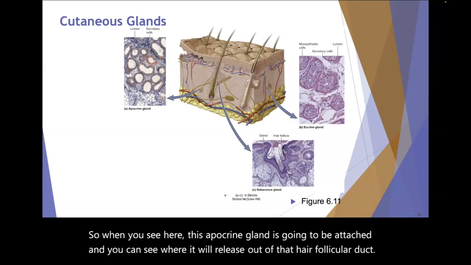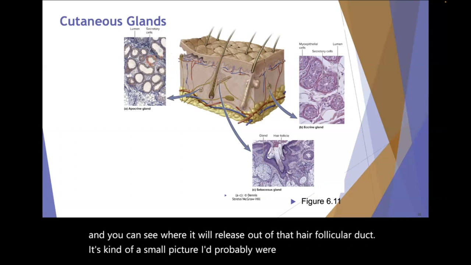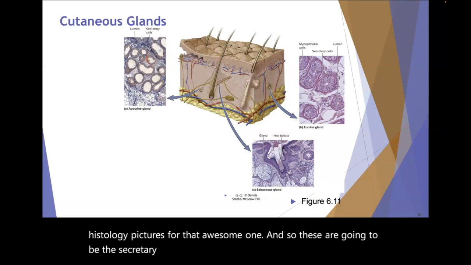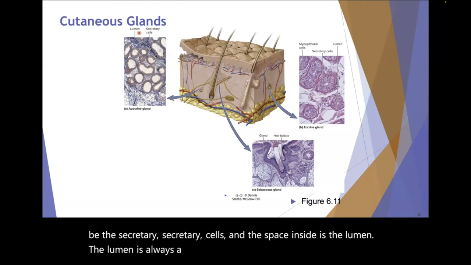It's a small picture, so I'd refer more to your histology pictures for that. These are the secretory cells, and the space inside is the lumen. The lumen is always a space. That's how you can really know what it is.